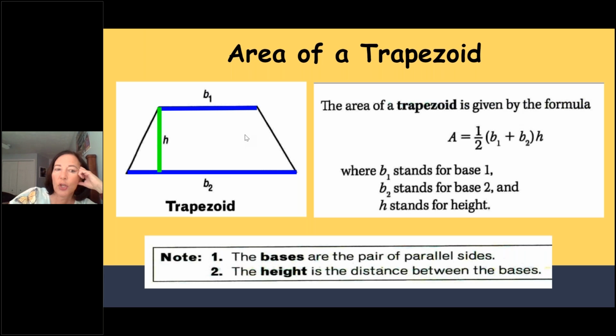Because we have 2 base measurements, we actually have to calculate the average or the middle distance between those 2 bases. So there's a formula, and it tells us that we can take base 1 and add that to base 2 and multiply by 1/2.